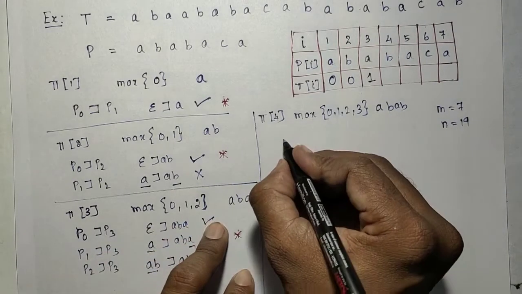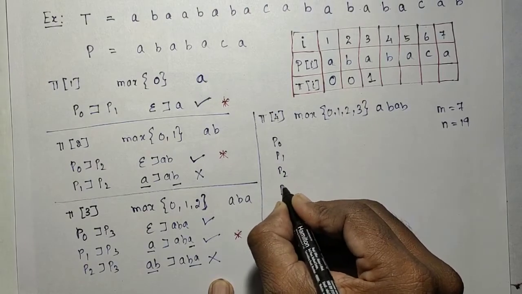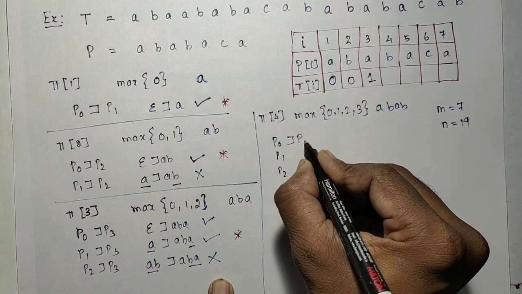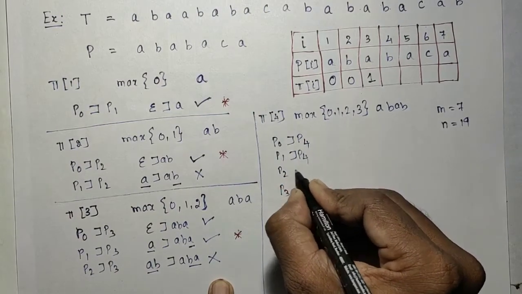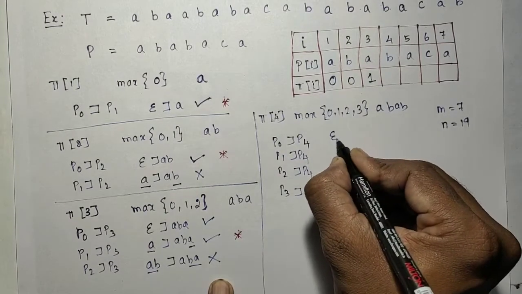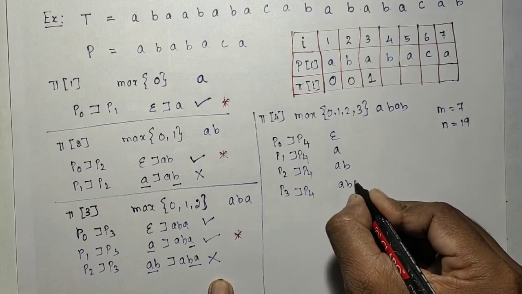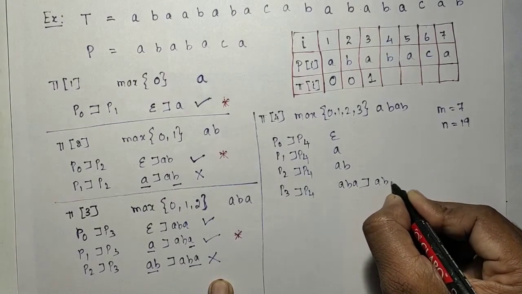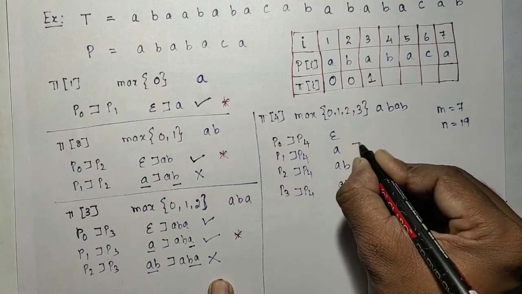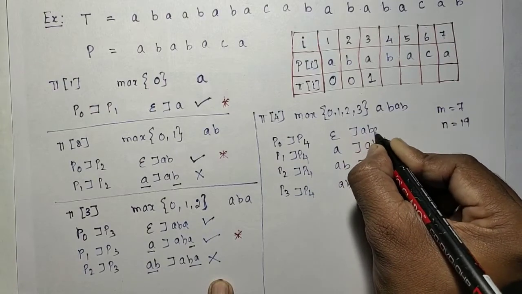So here I have to check whether P0, P1, P2 and P3 are a suffix of P4, like that we have to check. First epsilon and then A and then AB and then ABA, a suffix of ABAB.